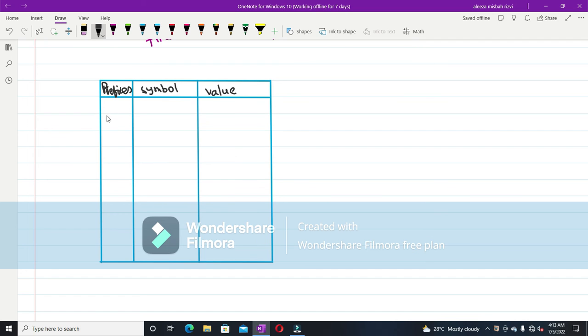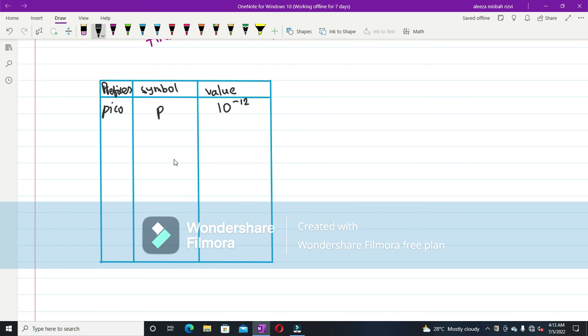The smallest is Pico. It is denoted by the symbol P, and its value is 10 power minus 12. So it is the smallest one.